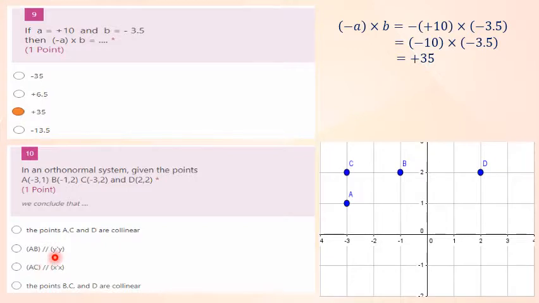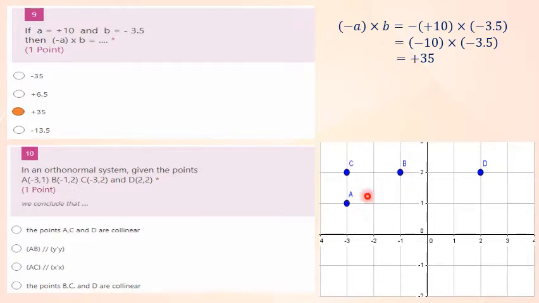Can I say that AB is parallel to Y prime Y? A, B. They have different abscissas, so no, minus 3 and minus 1 are not equal. I can notice it from the abscissa or from the figure.